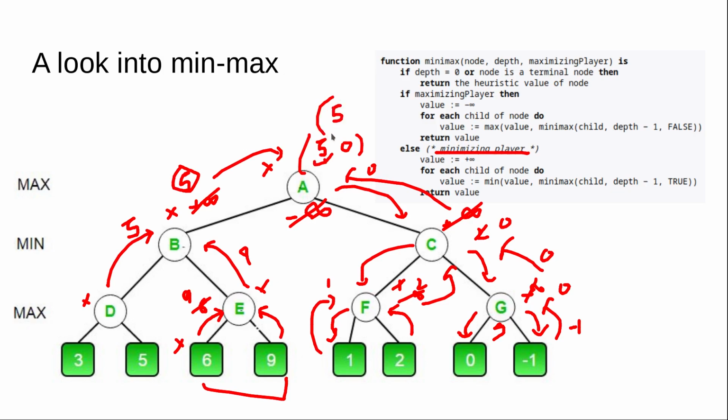And this is the value which the player can expect if he searches to a depth of 3. So if the game ends at this depth only, then 5 would be the final value that the maximizing player would be getting.